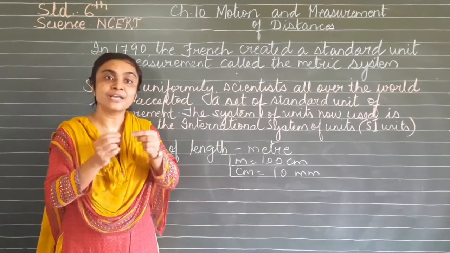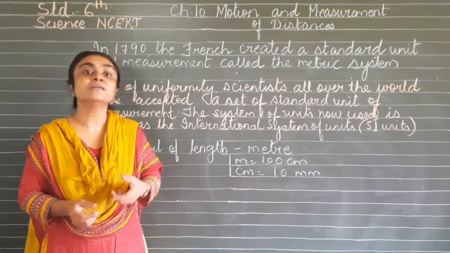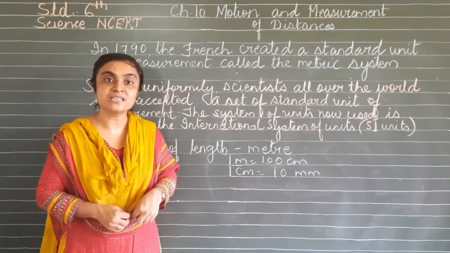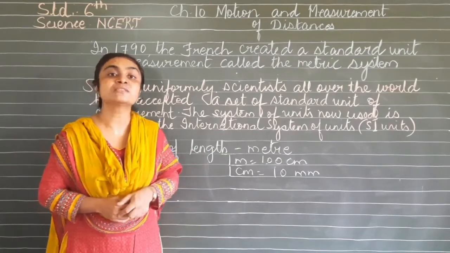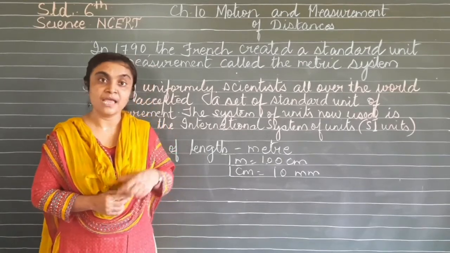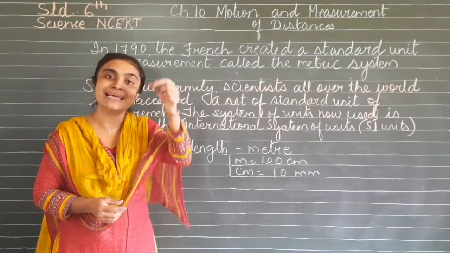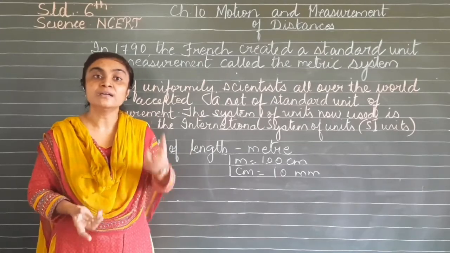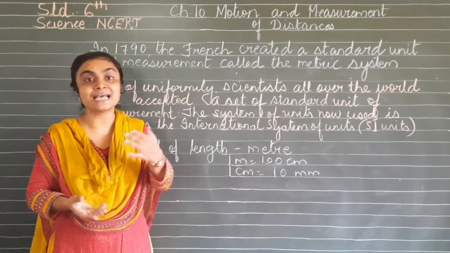The cloth merchants use a meter scale to measure the cloth. A tailor, if he wants to measure cloth to cut and stitch, will use a measuring tape. A carpenter uses an elastic measuring tape to measure furniture and wood. So different devices are there.